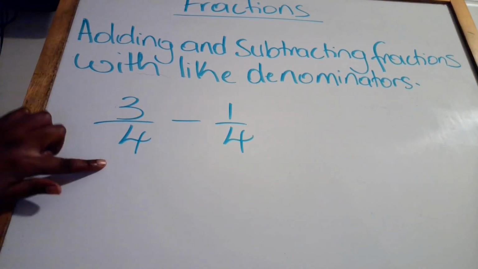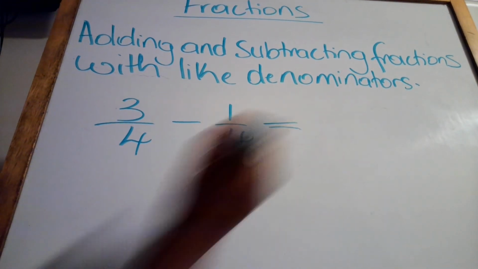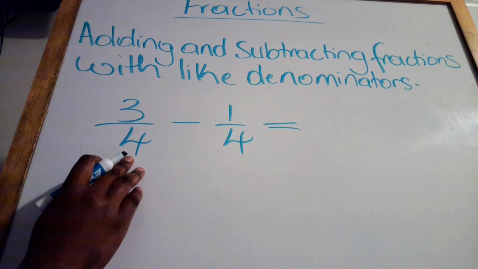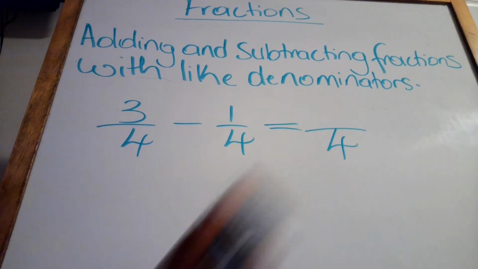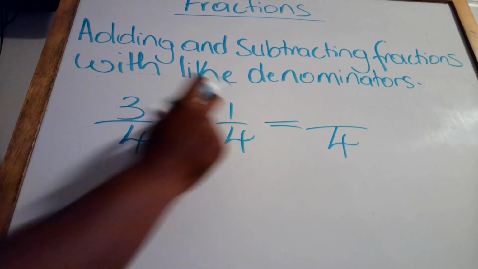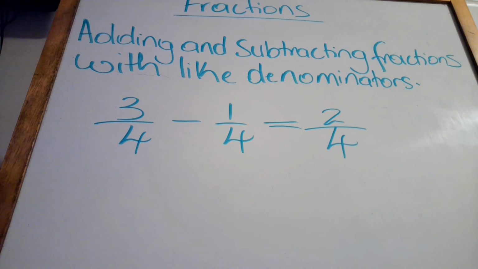We have 3/4 take 1/4. Denominators are the same. Once the denominators are the same, you write back the denominator and carry out the operation with the numerator. So 4 and 4 are the denominator, you write back the 4. 3 take 1, that's going to leave us with 2. So we have 2/4.